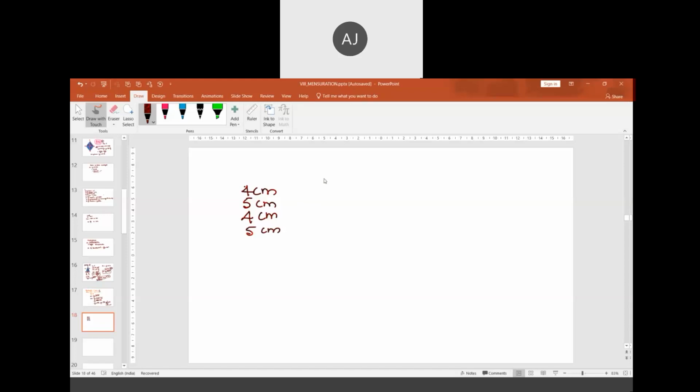So it has to be something like a rectangle. Yes, 4 and 4 are opposite, 5 and 5 are opposite. It means that it must be a rectangle.